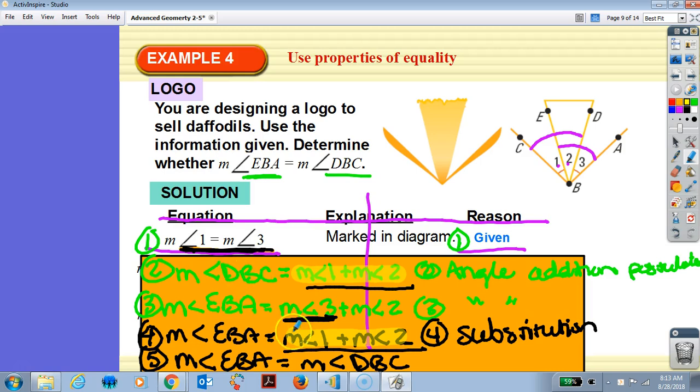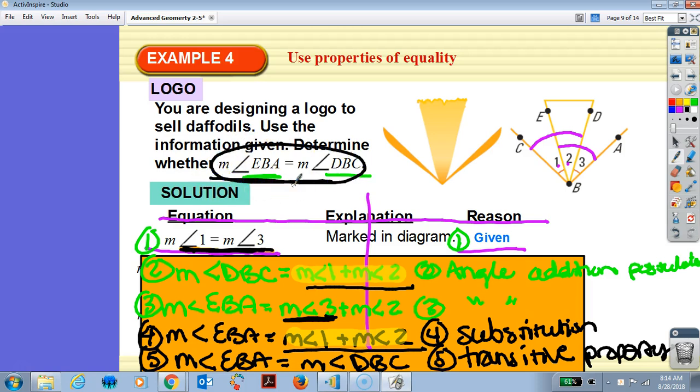So I can sub this in here. When you're substituting a whole side for a whole side, we call that transitive property. And now we got to what we wanted to solve. This is what they wanted. Does that make sense?